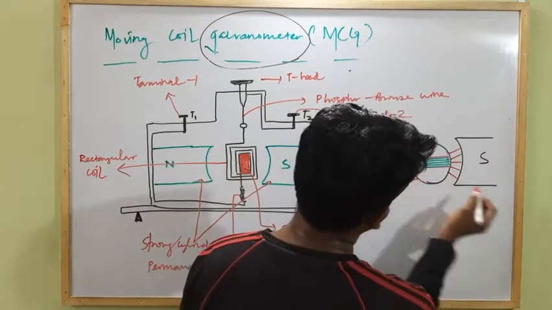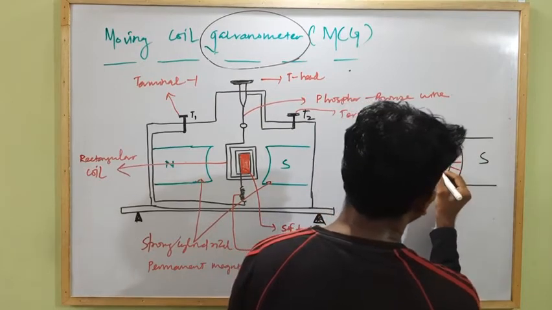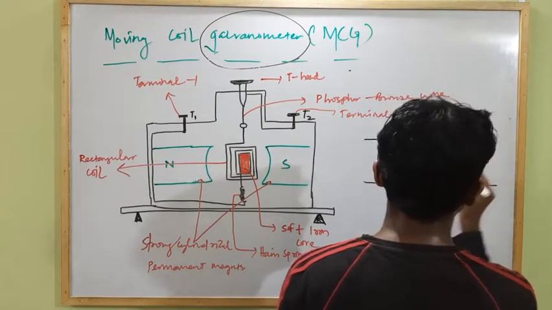They always seem as if they are going radially. If this is the center, the lines of force always seem like they come along the radius.